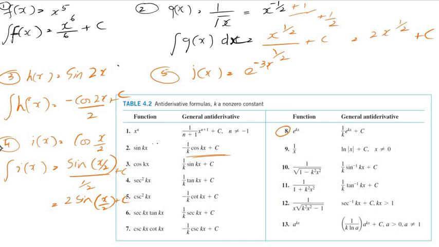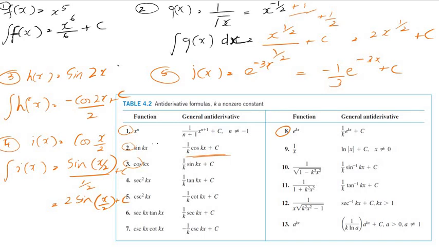So all we do here is we divide it by minus 3, so it is minus 1 over 3 e to the power minus 3x plus c. So I have used mostly equation num 1, 2, 3 and 8 to solve these questions.